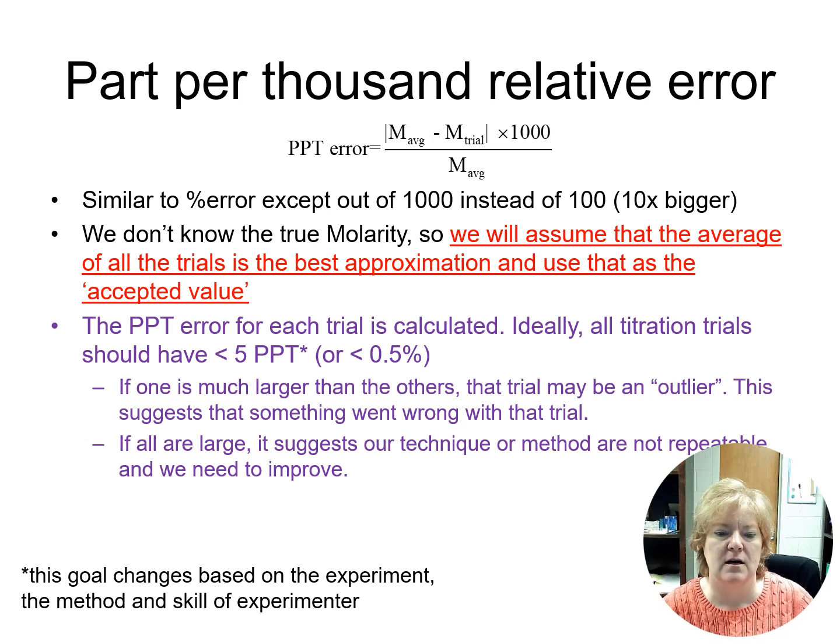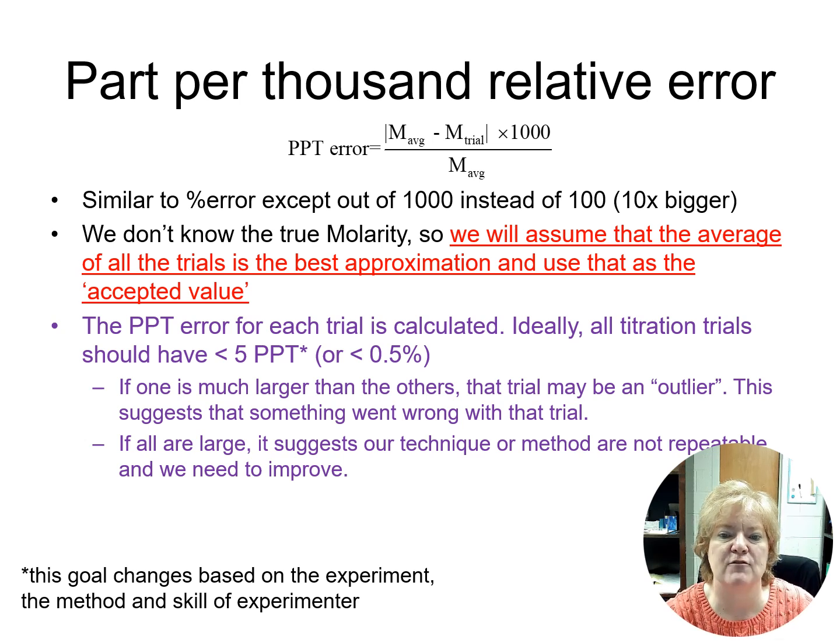And so for accurate and precise values, we're using 4 sig figs and we're using burettes that have 2 decimal places. We're using volumetric pipettes and volumetric flasks. We're really trying to do a very precise job. Therefore, good precision when we're doing titration is 5 parts per thousand. So they should be within 5 parts per thousand of each other. So we're going to calculate this for each of our trials.